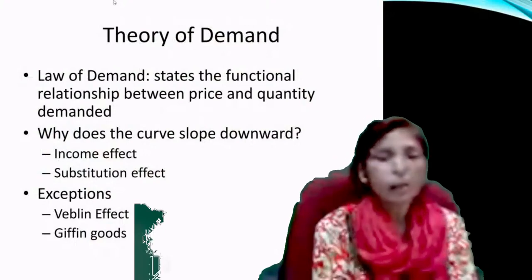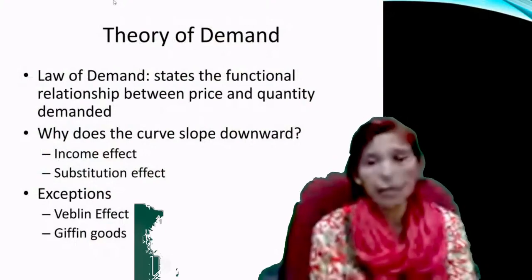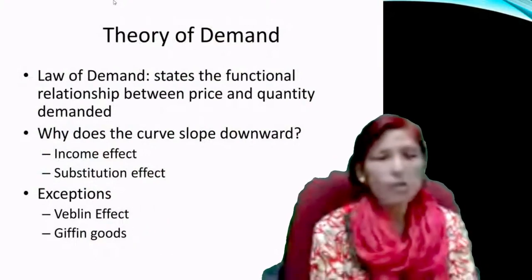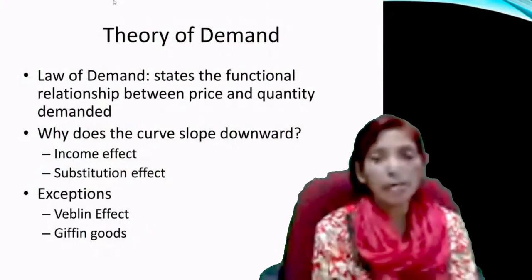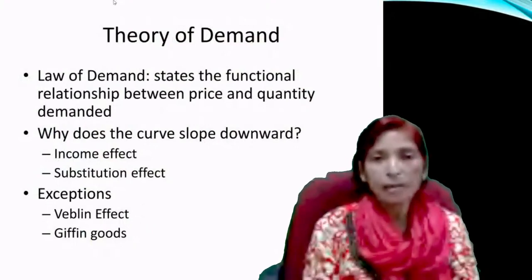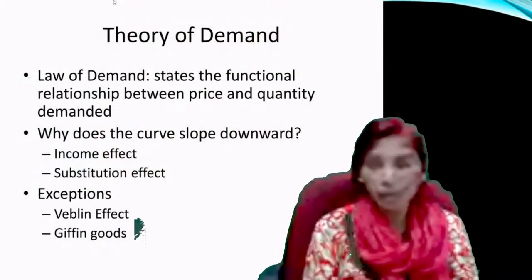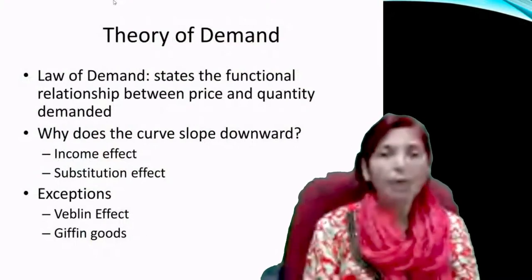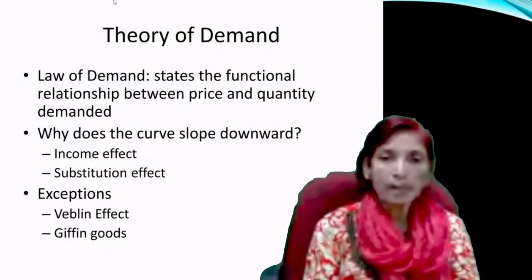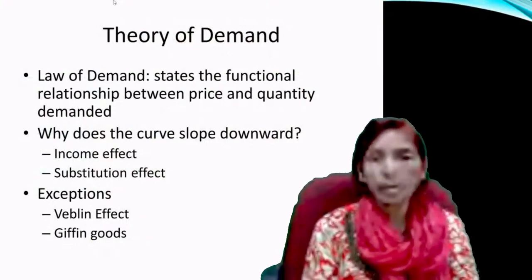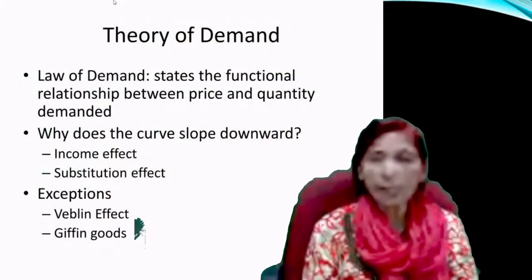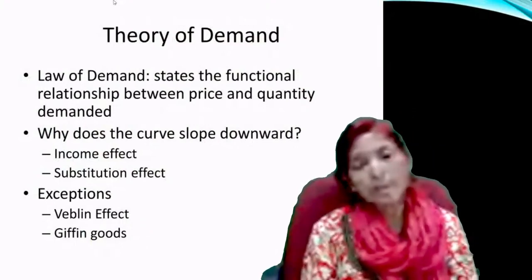You know that we are all consumers because we purchase goods and services at a particular price which is prevailing in the market. And how is price determined? Price is determined by the forces of market demand and market supply. Both curves intersect each other.